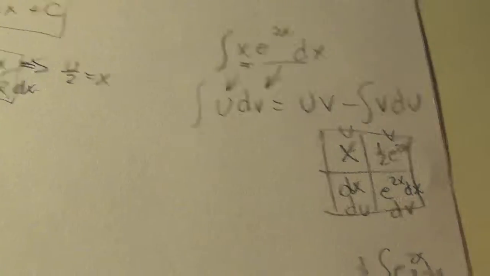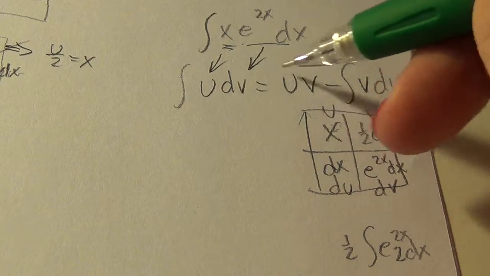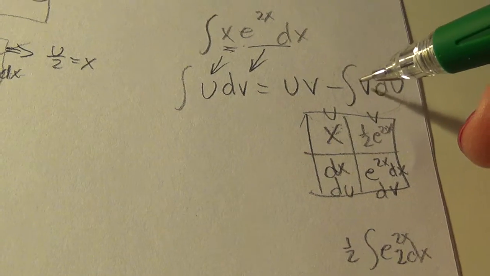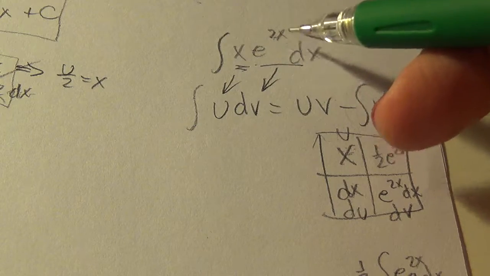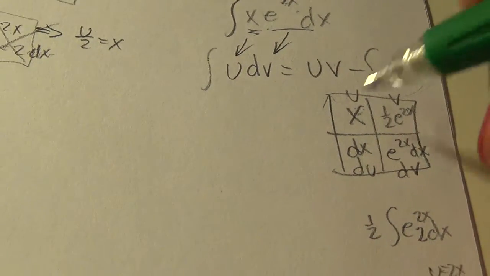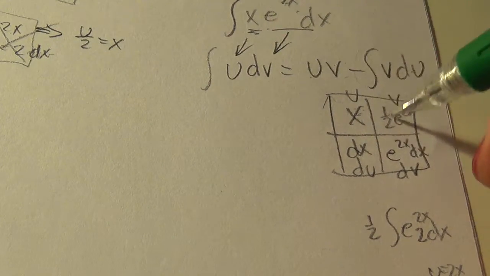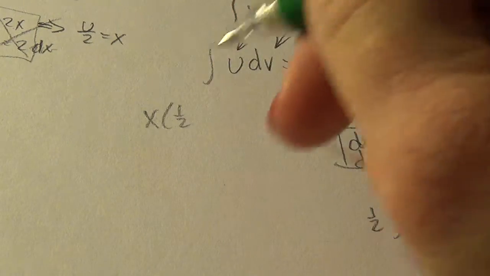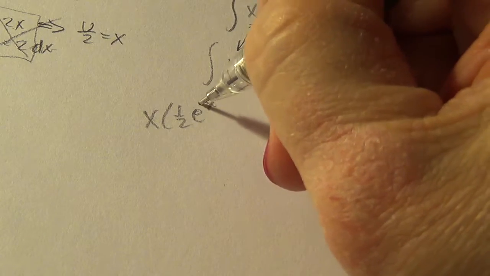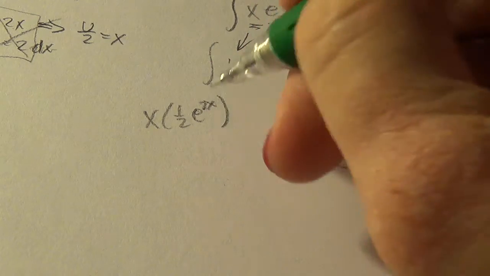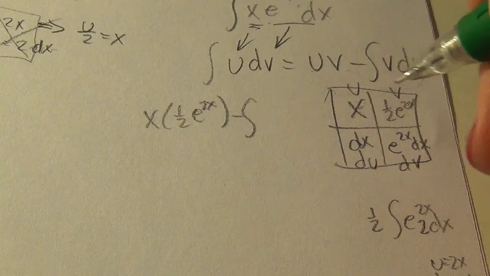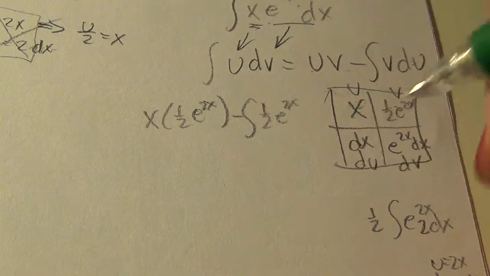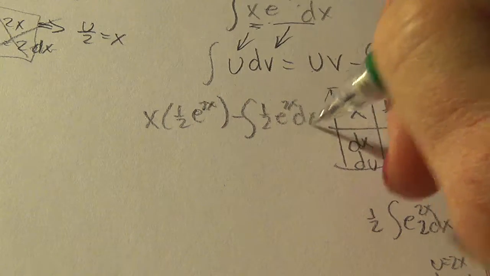Alright, so the moment of truth is when we plug it into the right side, if we create a new integral which we can integrate. We couldn't integrate this. Let's see if we can integrate this. U times v is x times 1/2 e to the 2x, and minus the integral of v, 1/2 e to the 2x times du, dx.